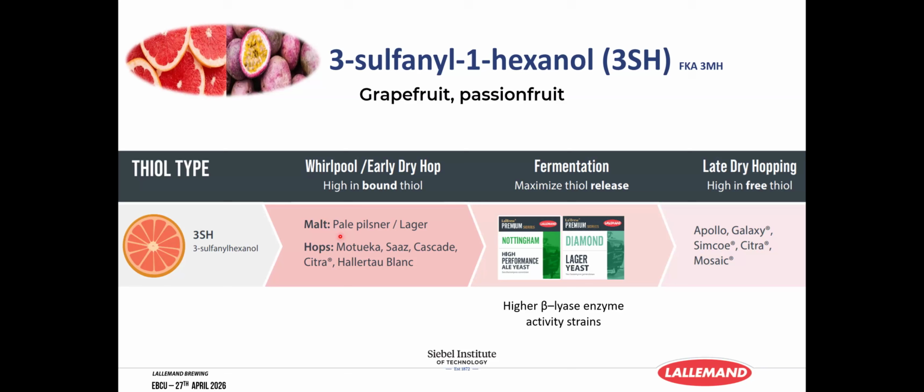So for your modern IPAs, loading it up with pale malt is one way to get your bound thiol precursors amount higher in the wort, and then you obviously want a yeast strain that's high in beta lyase, which is the enzyme that will free up these bound thiols. And for the dry hopping, you want to obviously combine with a varietal that's higher in the free form of this thiol.